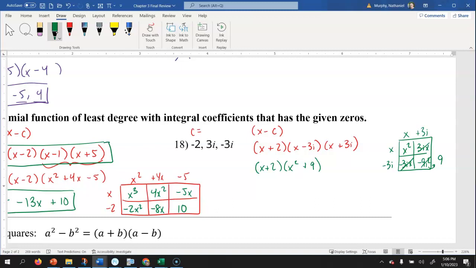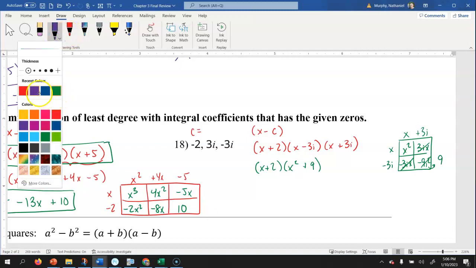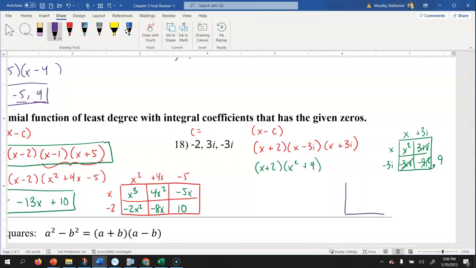And again, you could use the box method for this. Multiply those together, we get x cubed, 9x, 2x squared, and 18. So our answer would be x cubed, whoops, not in parentheses, x cubed, and then we have a 2x squared.